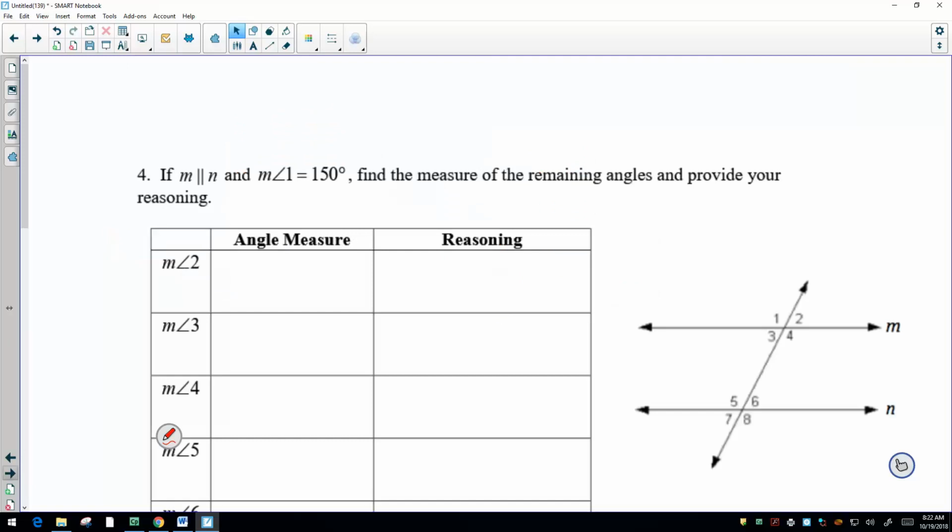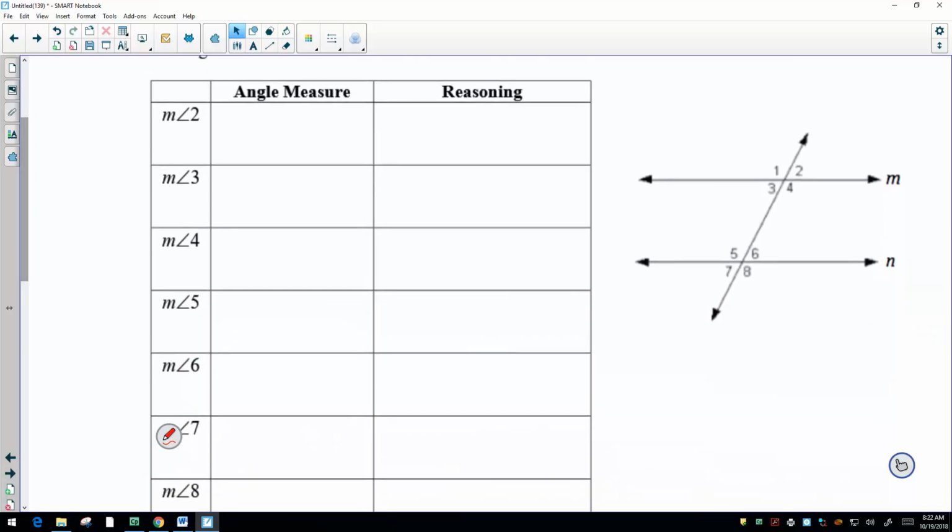So we're going to take a look at this top picture and we're going to see how does this work. And there's many ways that we can get these answers. So for instance, over here I have angle 2. Knowing that angle 1 is 150, we could say angle 1 and angle 2 are linear pairs, and I know linear pairs are supplementary, or add up to be 180 degrees.